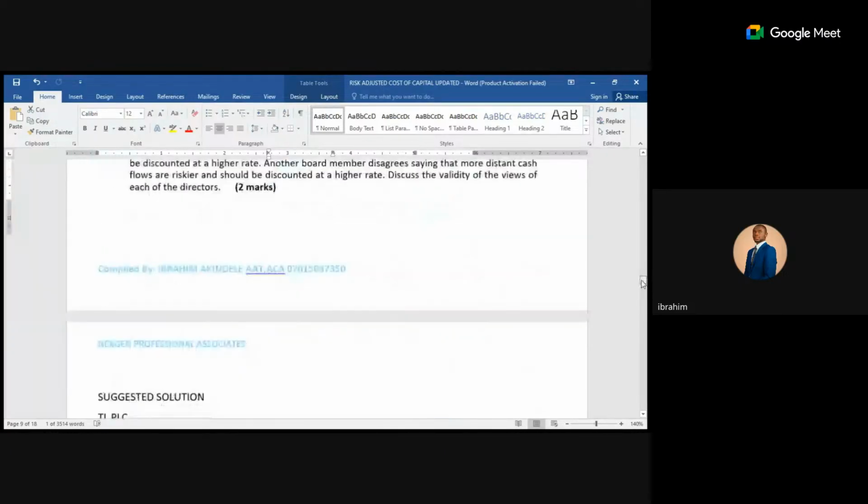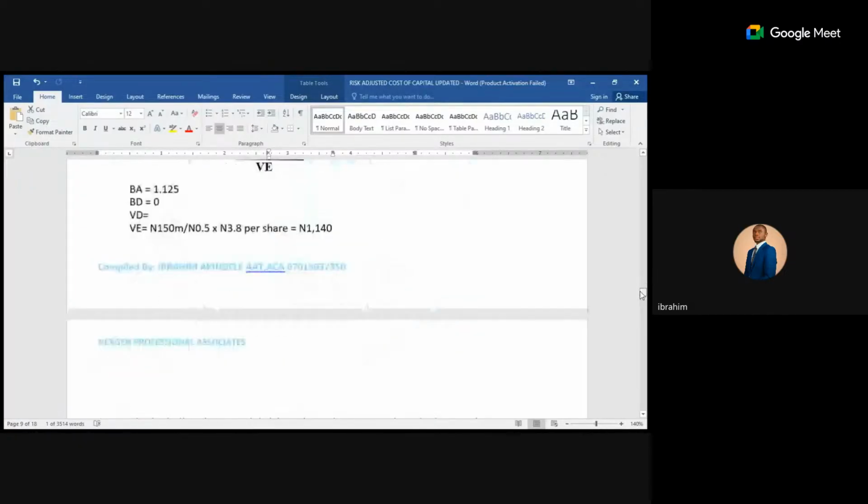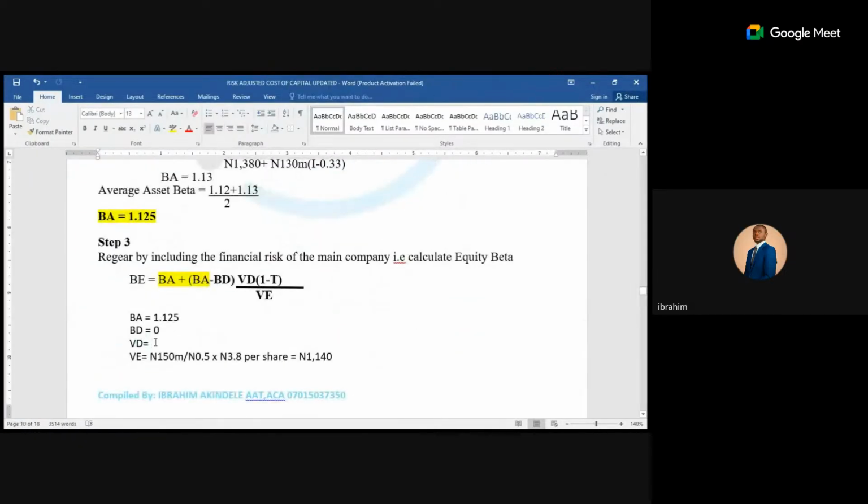So 560 divided by 100, which is assumed to be the nominal value, times the market price for the loan stock, 104.